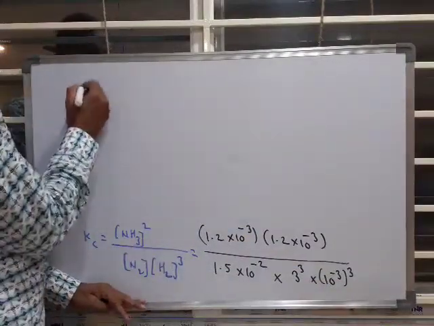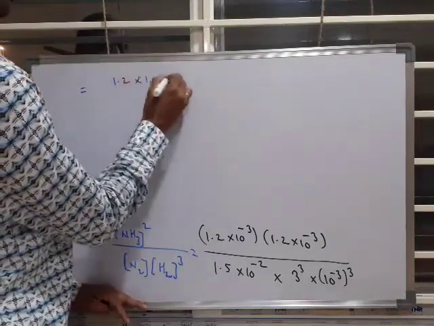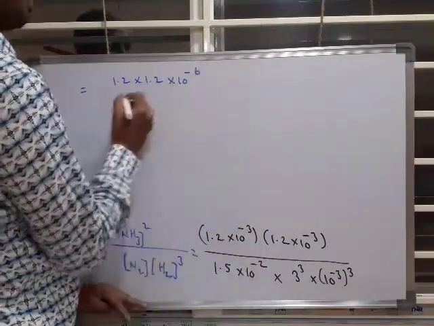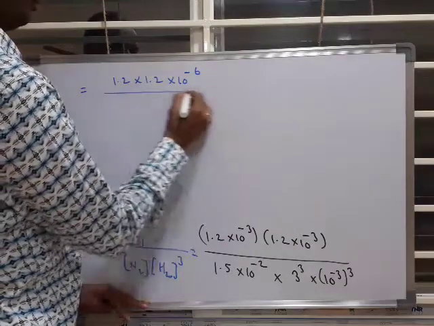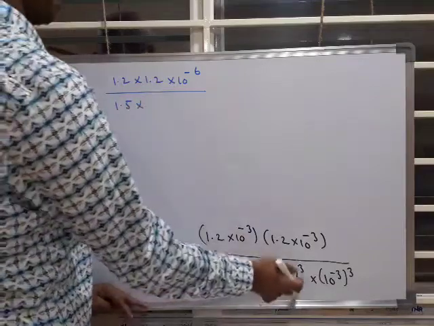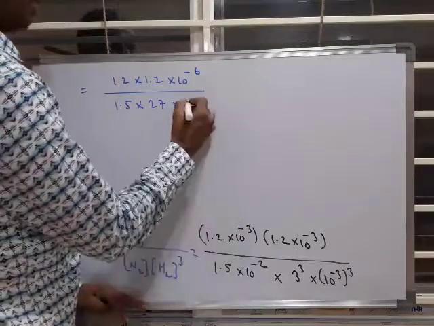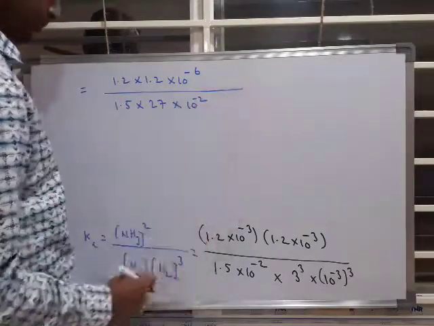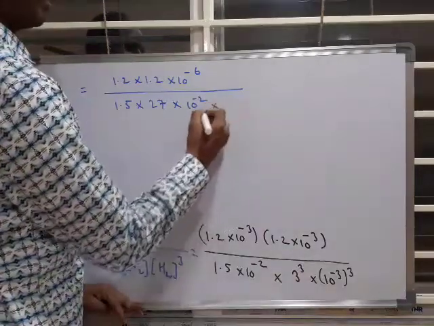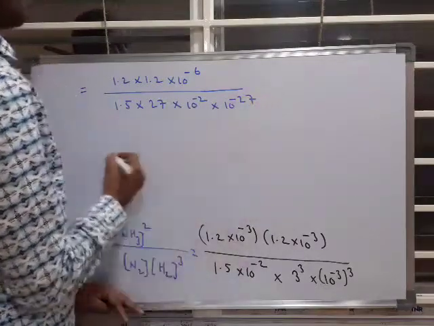So here the total calculation. So minus 3 is minus 6. Here it is 10 power minus 2. Is that 10 power minus 2? Yes, 10 power minus 2 minus 3. 3 cube means 27.